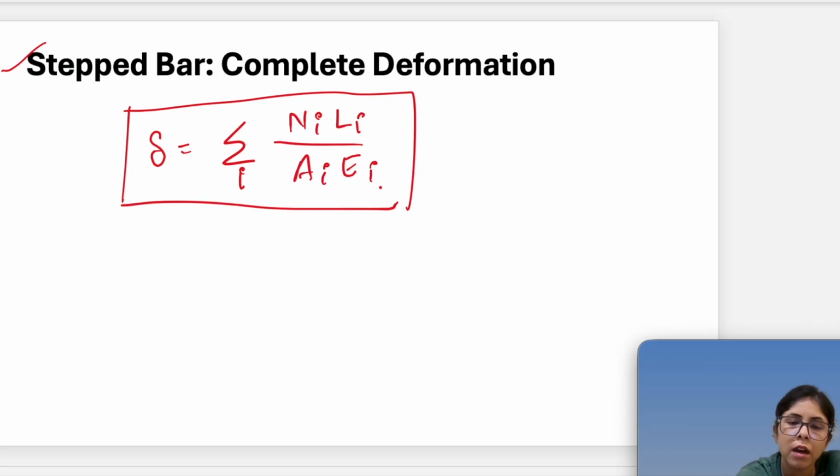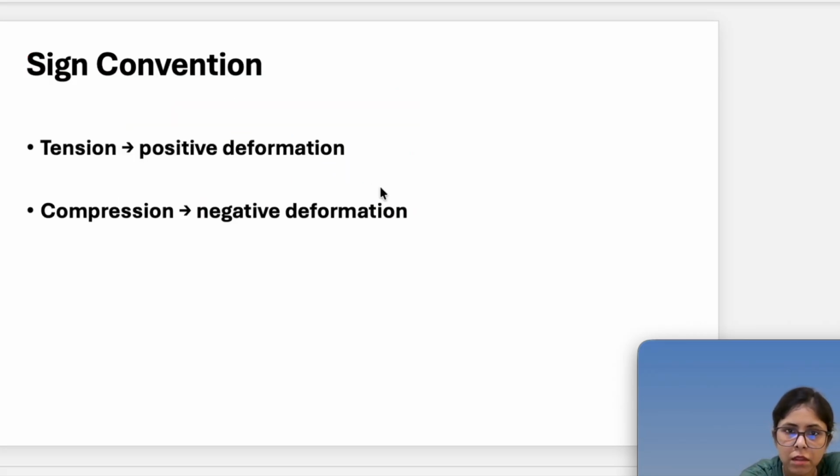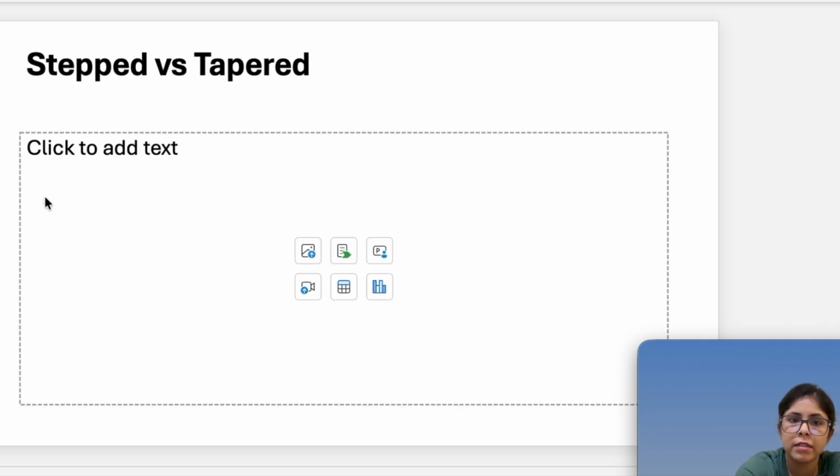Okay, now the sign convention we also saw: tension positive, compression negative. And then we have stepped versus tapered. So in stepped, the area changed from A1 to A2, right?